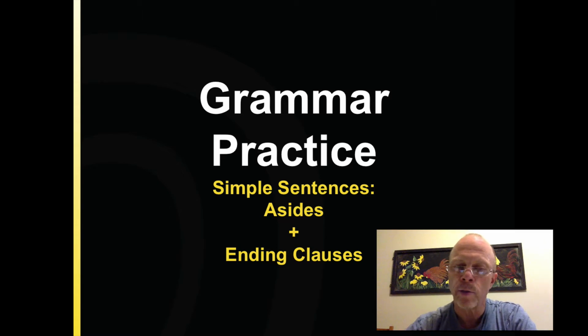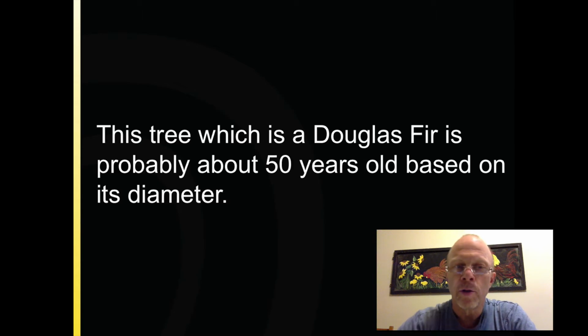So we're going to practice with a few sentences to try to get the hang of this. Our first sentence is this. This tree, which is a Douglas fir, is probably about 50 years old based on its diameter. So hit pause, take a few minutes, and see if you can get the commas in the right place.